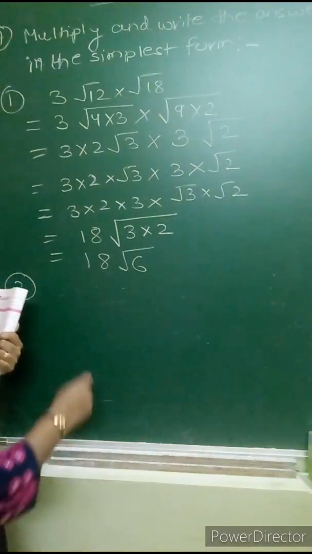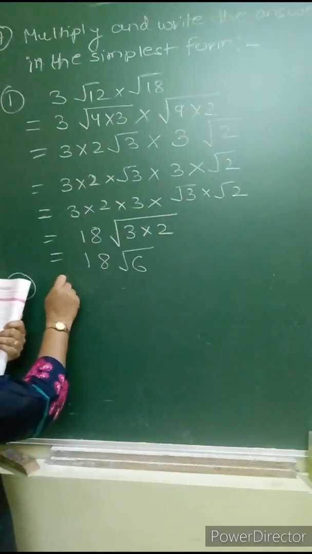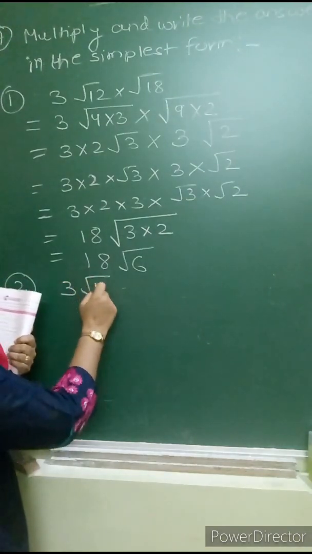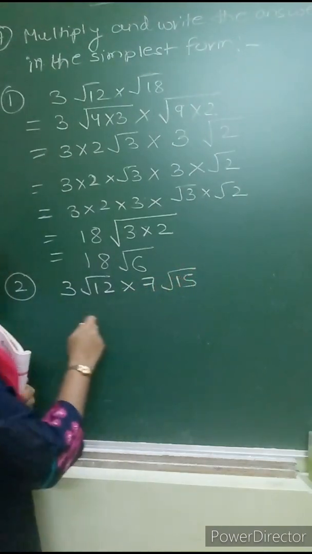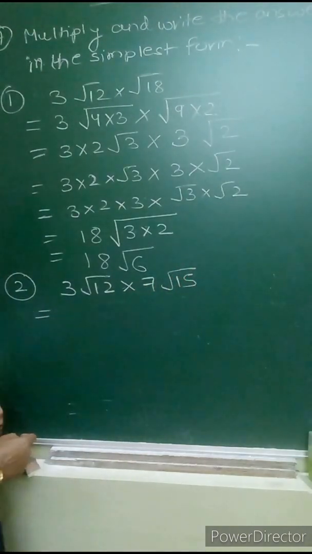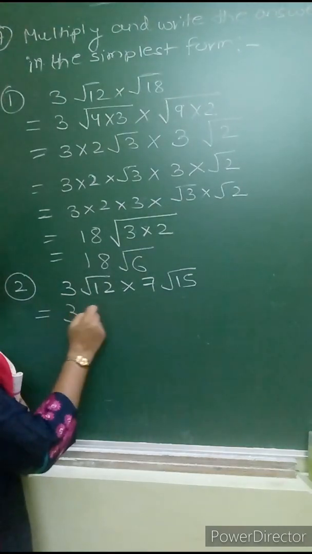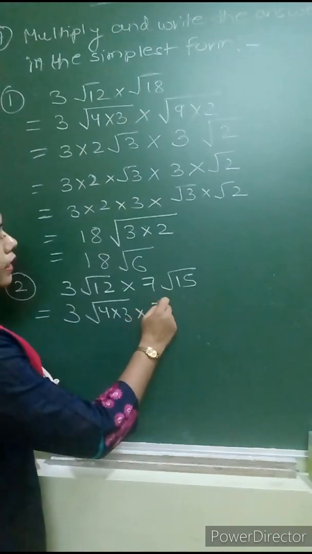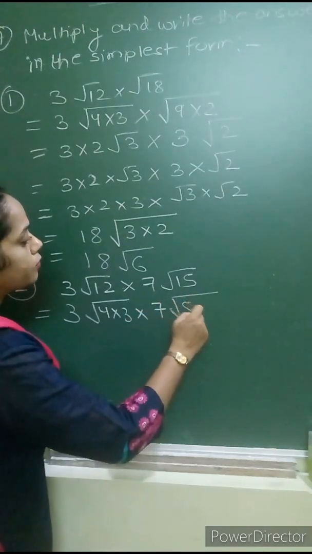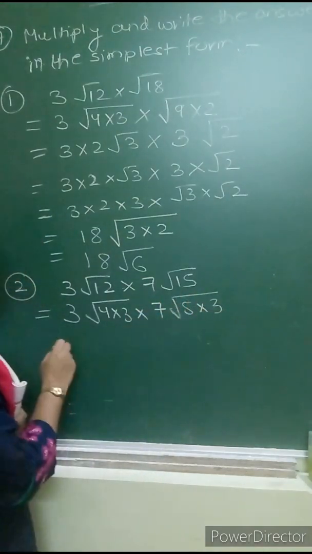Question number 2 is 3 square root of 12 and 7 square root of 15. Again we are going to follow the same procedure. 12 can be written as 4 into 3 and 15 can be written as 5 into 3.